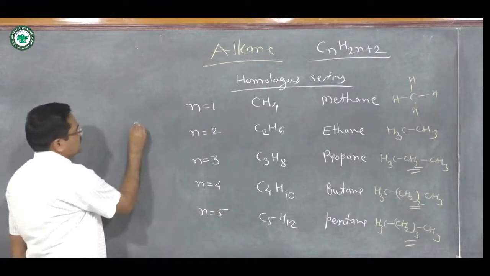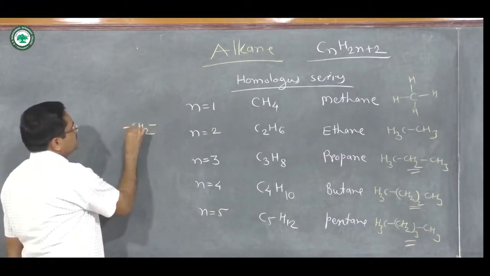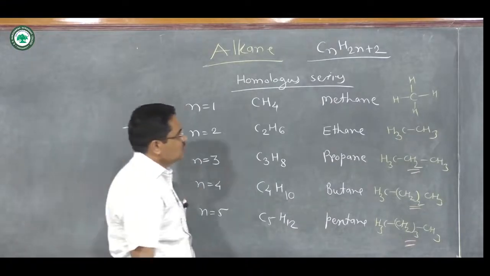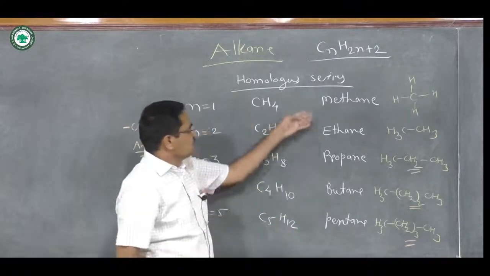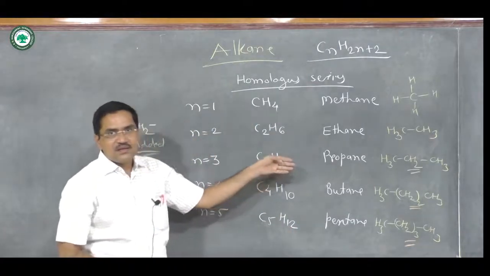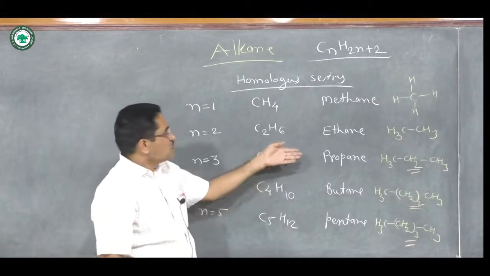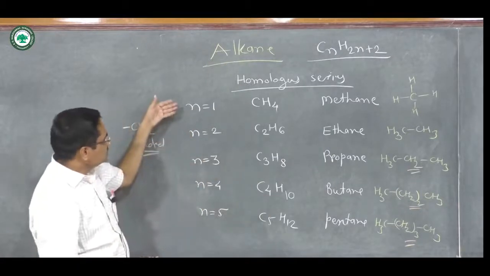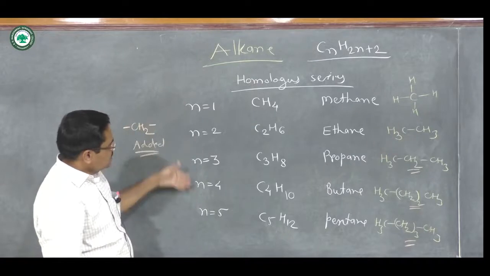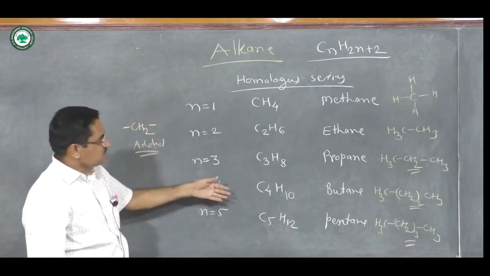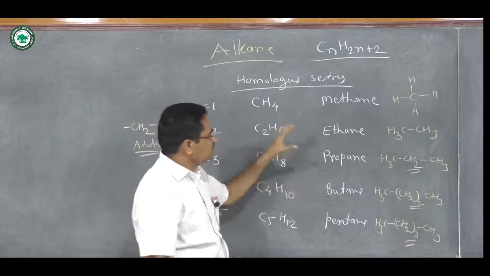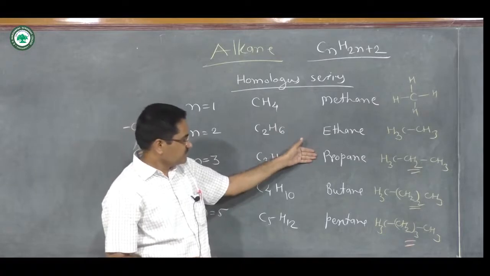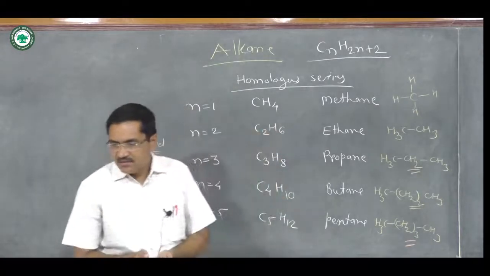Means CH2 group is added in the homologous series, and these are called homologs, and this is called homologous series. And these are the first 5 members: methane, ethane, propane, butane and pentane.